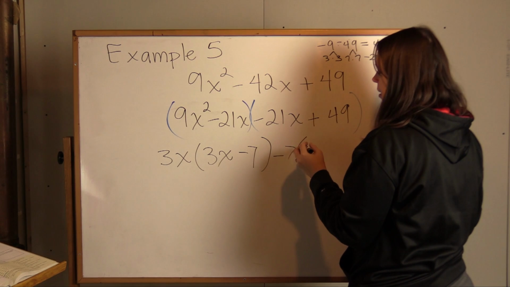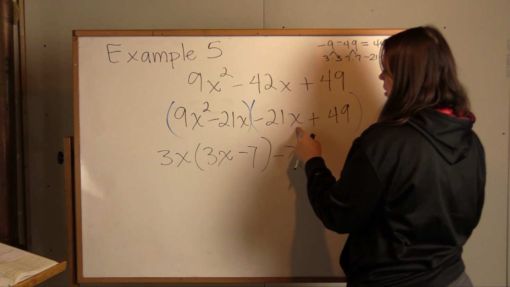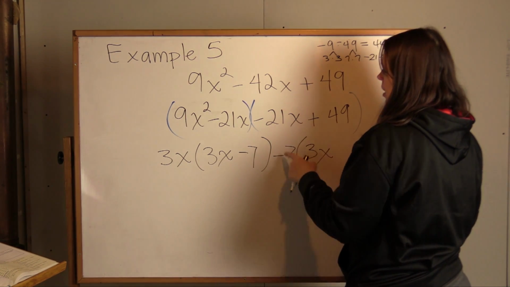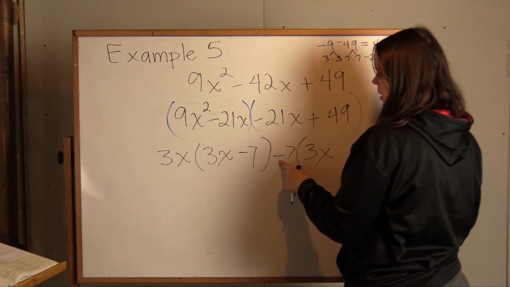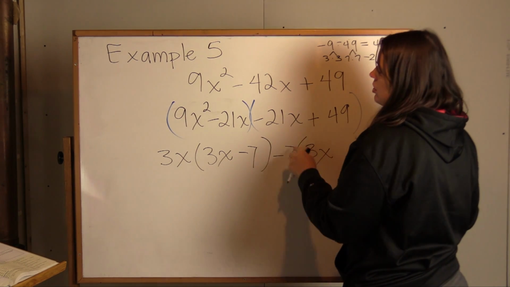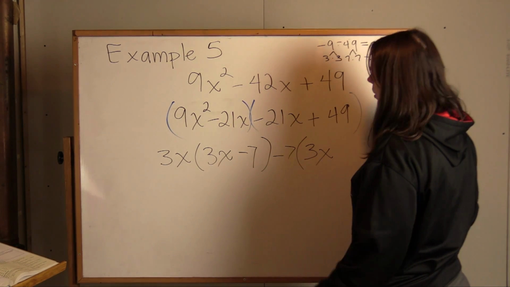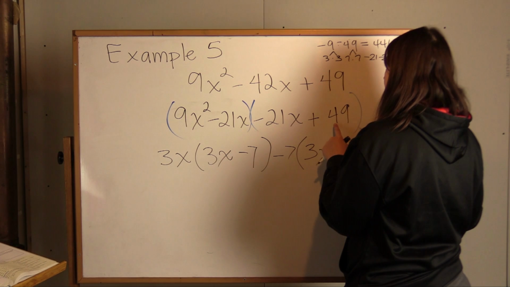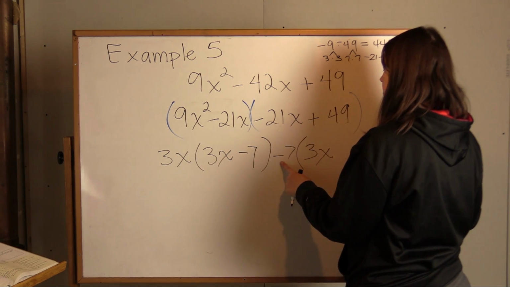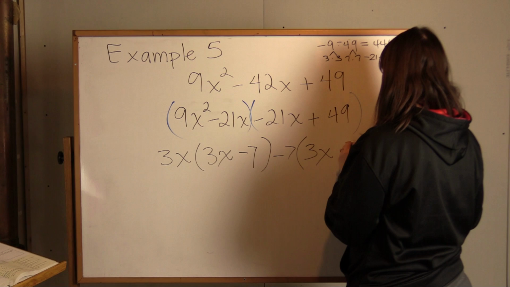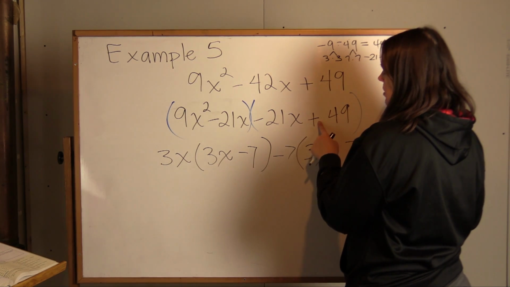21 divided by 7 is 3. And then of course the x is still there. And notice, because I factored out this negative, this becomes positive. You could also look at it as negative 21 divided by negative 7 is positive 3. All right, here I have 49 divided by 7, so that's going to give me 7. As far as the sign, this was positive.